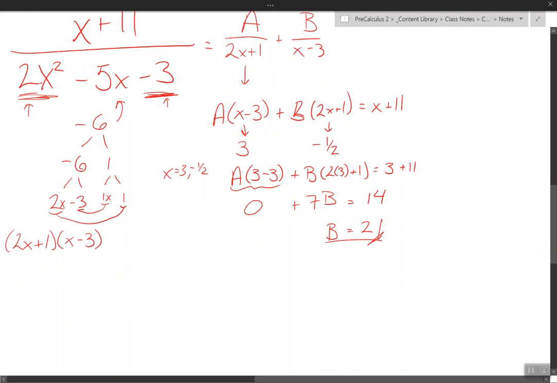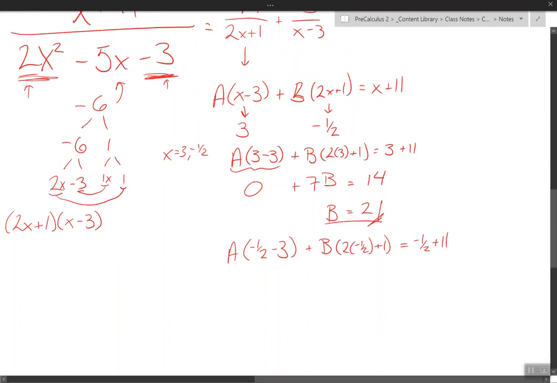Now we plug in negative 1/2, so I've got a times negative 1/2 minus 3 plus b. This b part will become 0 in this problem, equals negative 1/2 plus 11. I'm going to keep it as fractions and improper fractions, not go to decimals or mixed numbers.